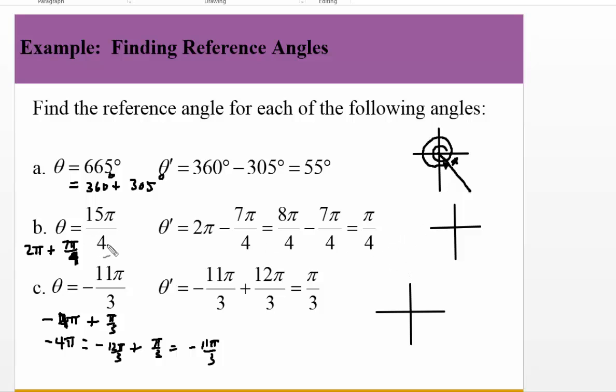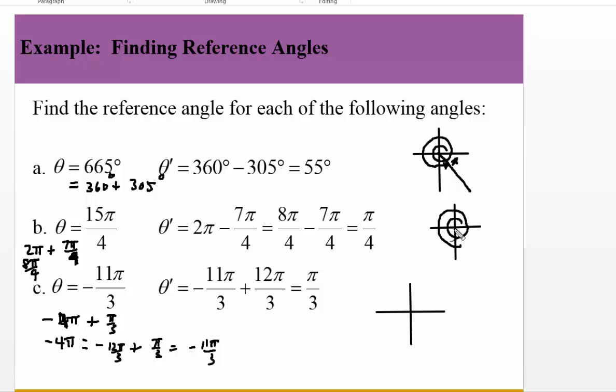Let's try one in radians. Example B, 15 pi over 4. Now remember, radians, 1 pi over 4, 2. So if we went around, it would go all the way around to 2 pi. So that would be 8 pi over 4, if you think about 2 pi in terms of 4s here, plus another 7 pi over 4. Here we go.